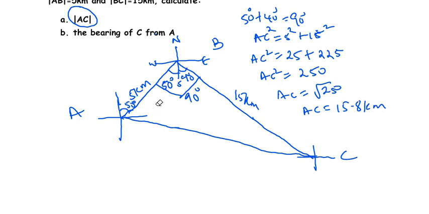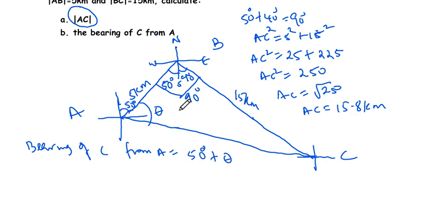Let's call this theta. So the bearing of C from A is equal to 50 degrees plus theta, but we don't know what theta is.